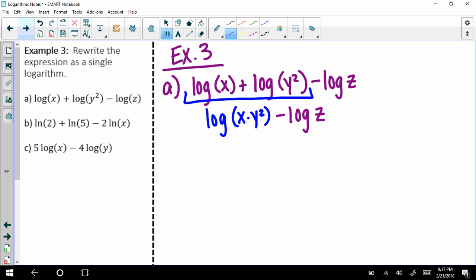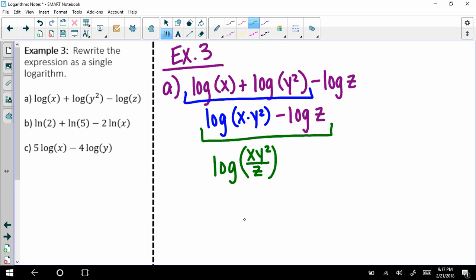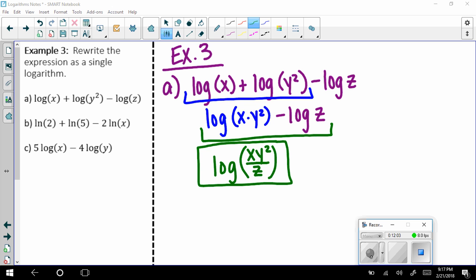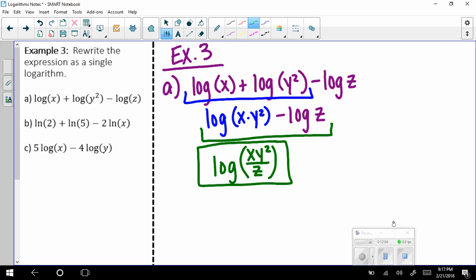So then if I were to do this part, so I still have log of xy squared multiplied together, and since the minus is in front of log z, then that means z is in the denominator. And that's as far as you can go. Okay, so that used two of the properties.